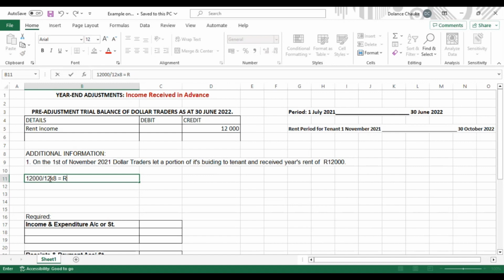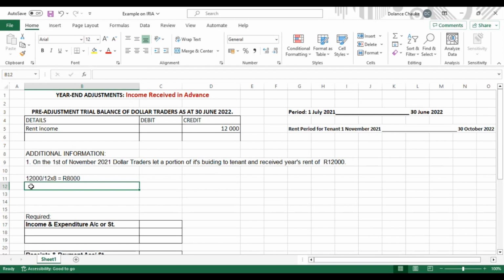This 8,000 rent is the money within our accounting period that qualifies to go to the income and expenditure. But now, how much is the money received in advance? The money that we say is income received in advance.